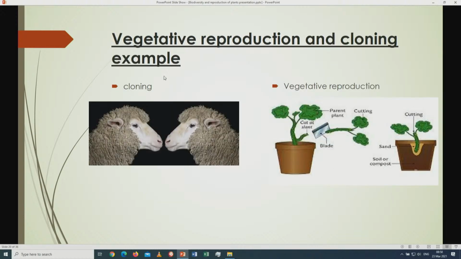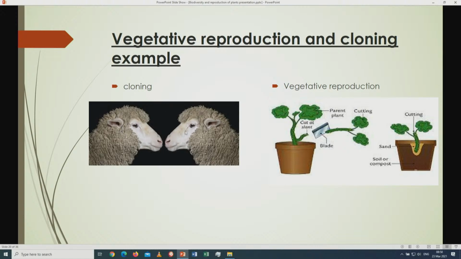Another example of asexual reproduction is cloning. In cloning, the offspring is an identical of a parent, meaning that the offspring looks exactly the same as the parent who produced it.